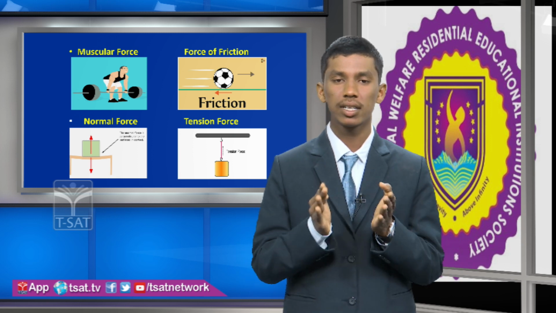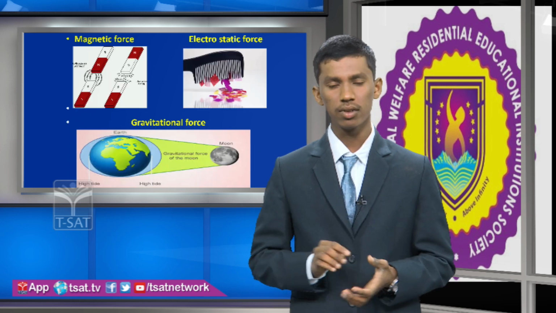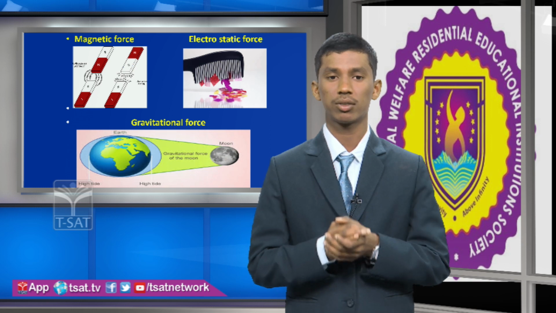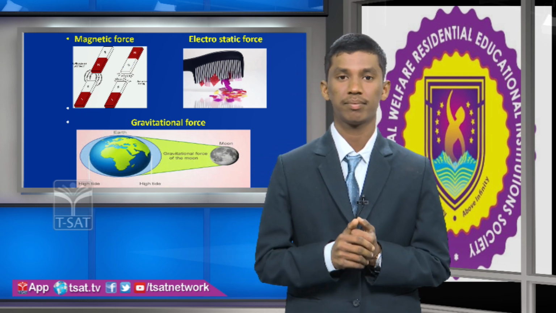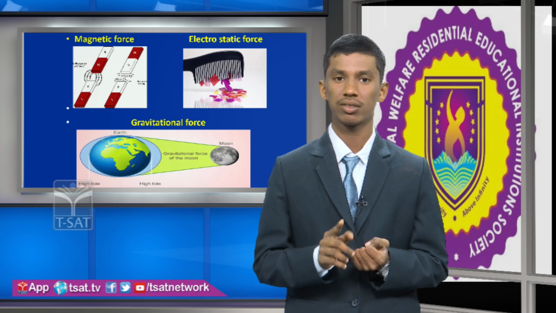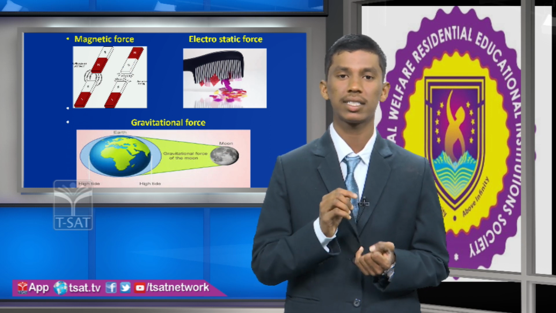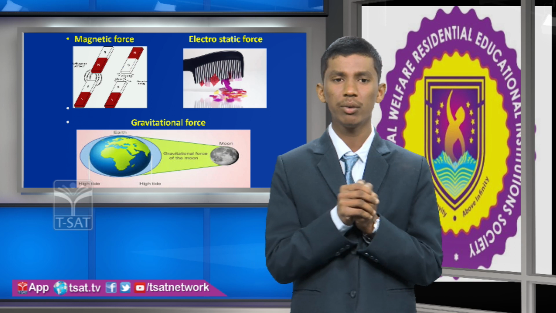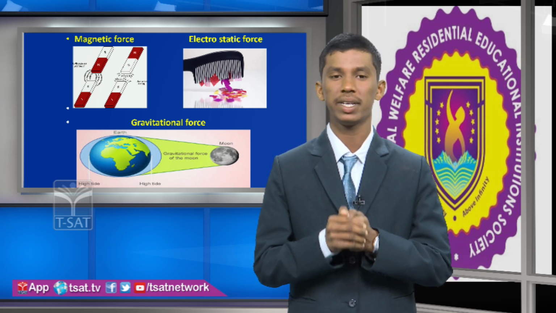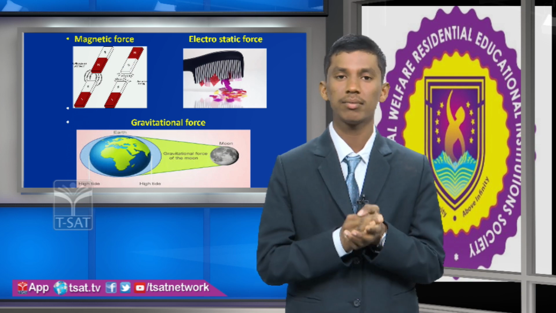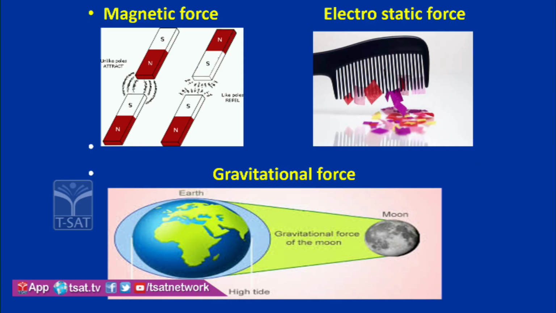Now let me discuss field force. Field force is also classified into three types, friends. They are magnetic force, electrostatic force and gravitational force. Let me explain magnetic force. Magnetic force means attraction or repulsion of a magnet.